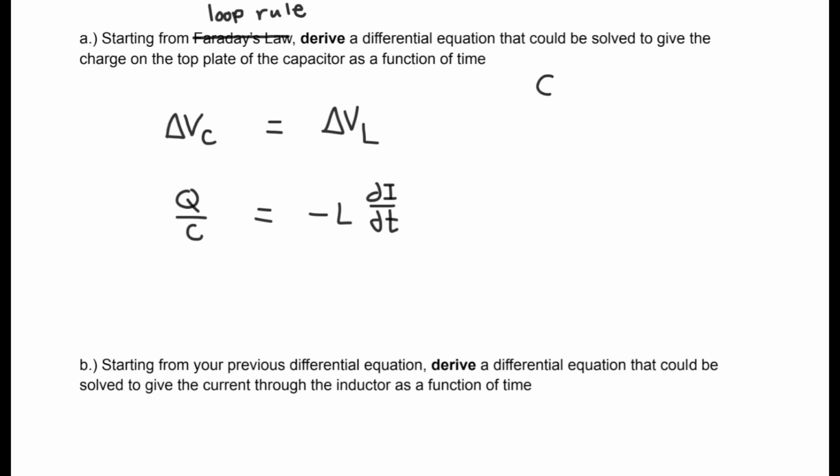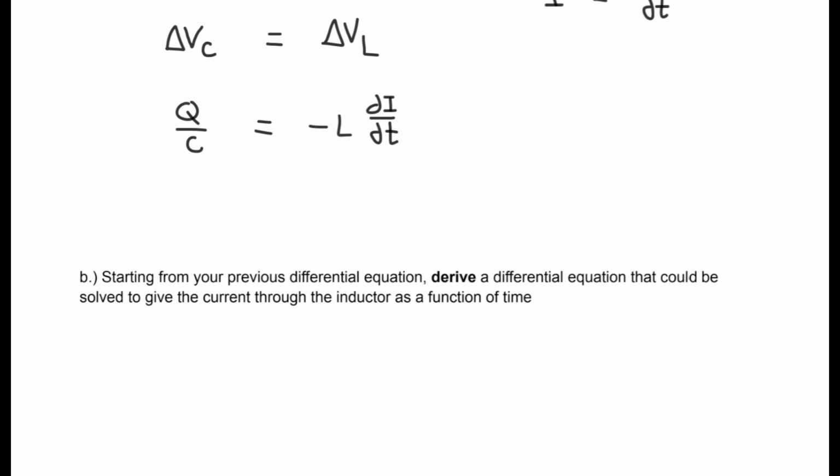But we do know that I is dQ dt. So if you're taking a derivative of I, that means that di dt is actually just the second derivative of Q. So we could actually write Q over C is equal to negative L d squared Q over dt squared.